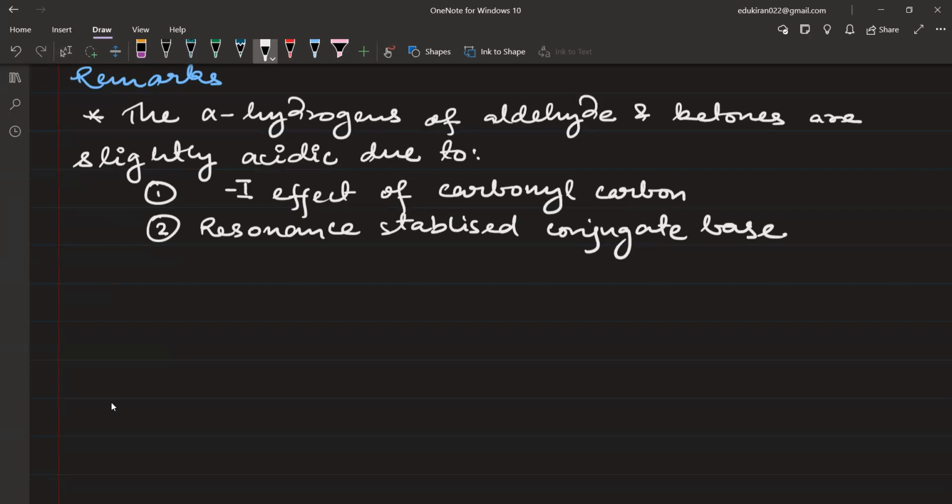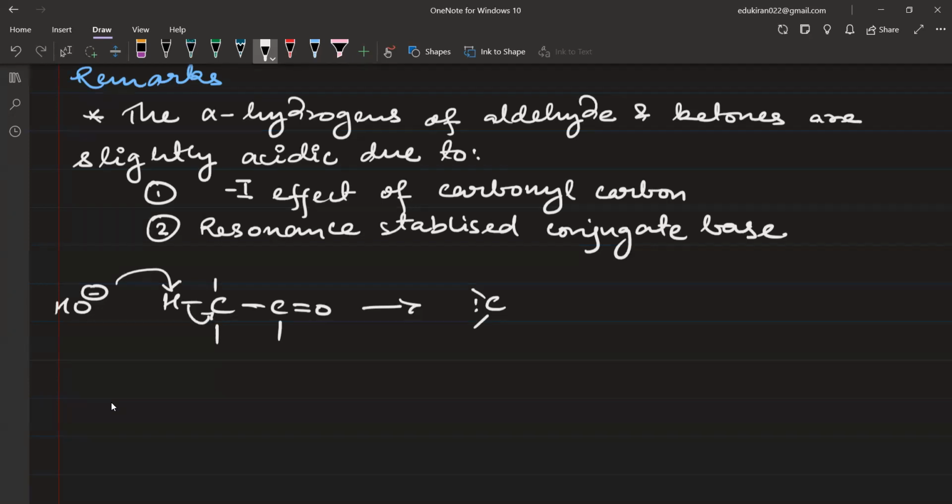So if I take any aldehyde or ketone, I'm going to have C double bond O, and R will always be there. This can be R or H, and then it has a carbon atom which has one hydrogen, and some other groups attached to this carbon atom. If you have OH negative, it attacks this hydrogen, and the hydrogen gives the electrons to carbon.